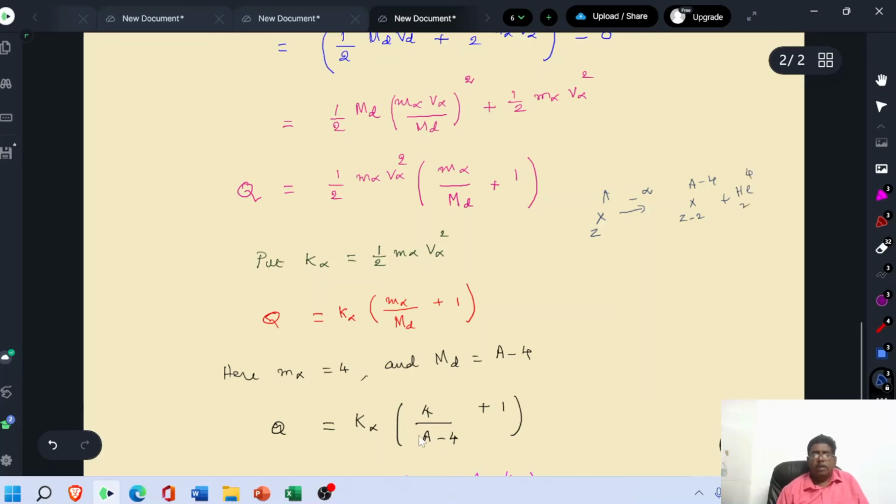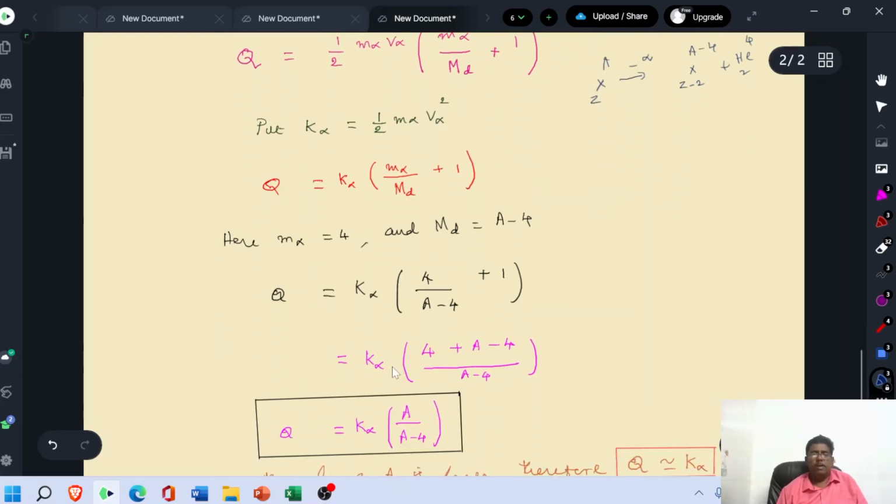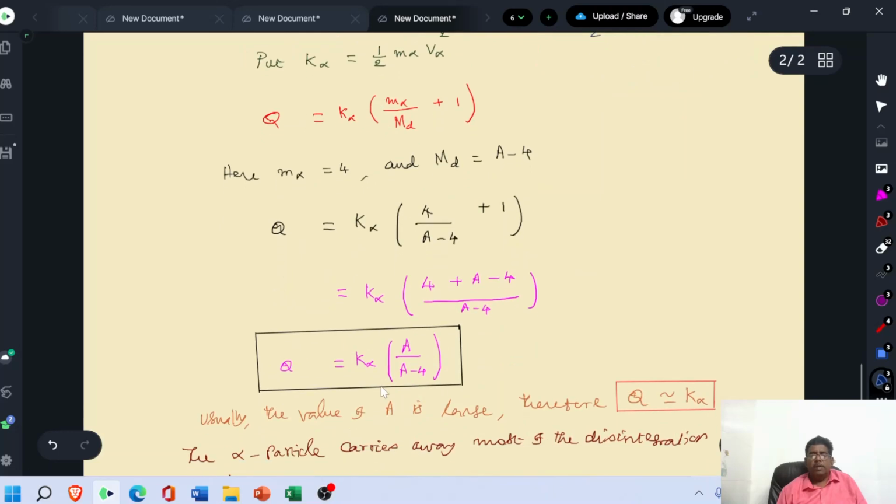See here, once the alpha particle is emitted, the daughter nucleus mass is A minus 4. So A minus 4 is present as such. Cross multiply, we can get K alpha into 4 plus A minus 4. That is equal to A divided by A minus 4.